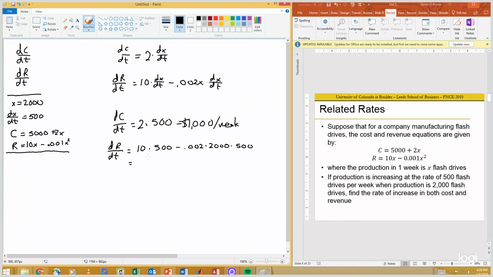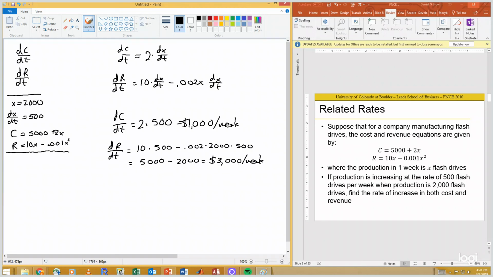So that is 5,000 minus 0.002 times 2,000 is 4. 4 times 500 is 2,000. So 5,000 minus 2,000 is $3,000 per week. So this is a pretty good thing for this company to be doing.